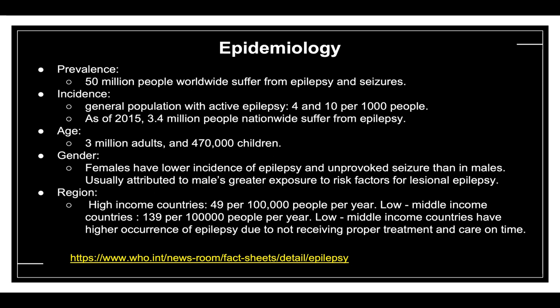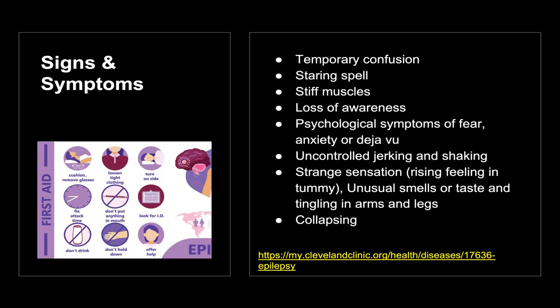So, I believe that low to middle income countries have higher occurrence of epilepsy due to not receiving proper treatment and proper care on time. And epilepsy is one of the diseases that require attention on time and proper treatment. And the information I found is linked down below.